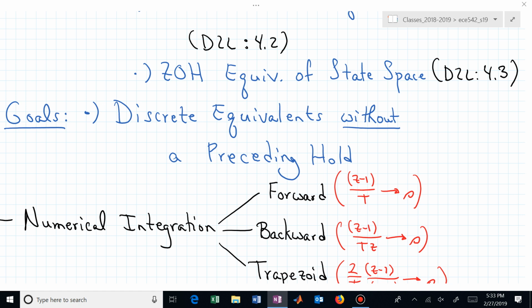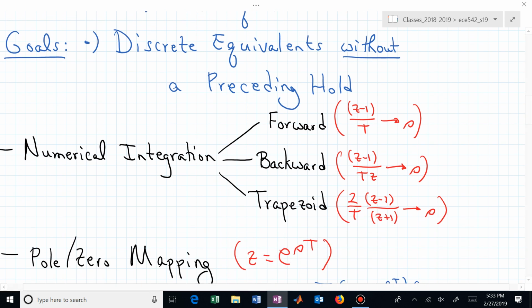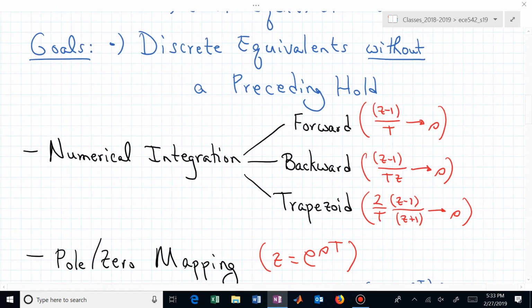We did 4.1 on Monday. Now you've had 4.2 and 4.3 provided online. And now we're doing 4.4, which is dealing with discrete equivalents, not zero-order hold equivalent, but discrete equivalence without using a preceding hold operation.